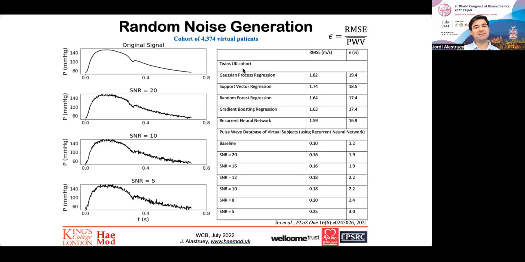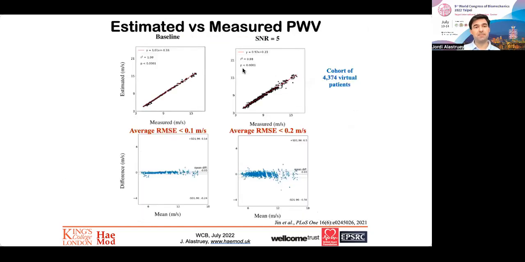It also enabled us to investigate the effect on the estimated values of pulse wave velocity of adding noise to the radial pressure waveform in a controlled way. Without any noise, the average root mean square errors for all estimated pulse wave velocities using the recurrent neural network was smaller than 0.1 meter per second for the over 4,000 virtual subjects.